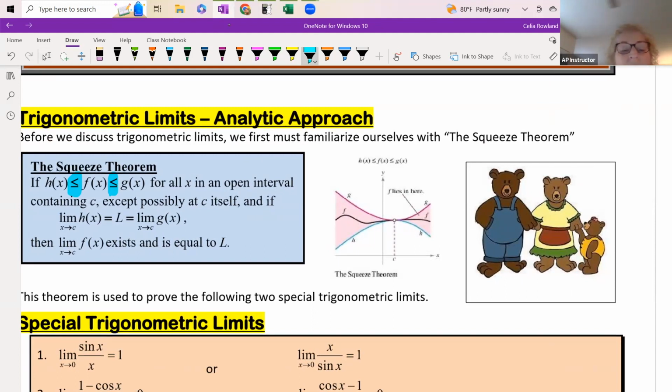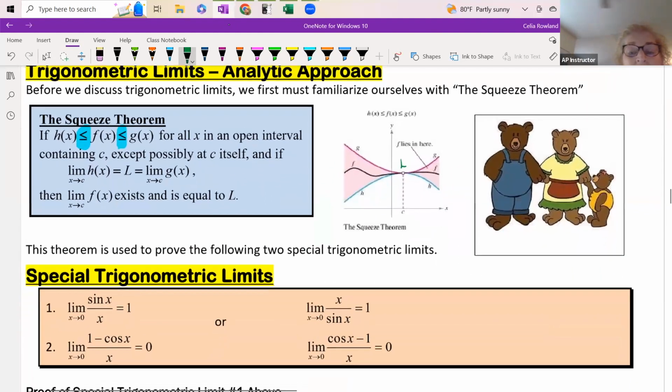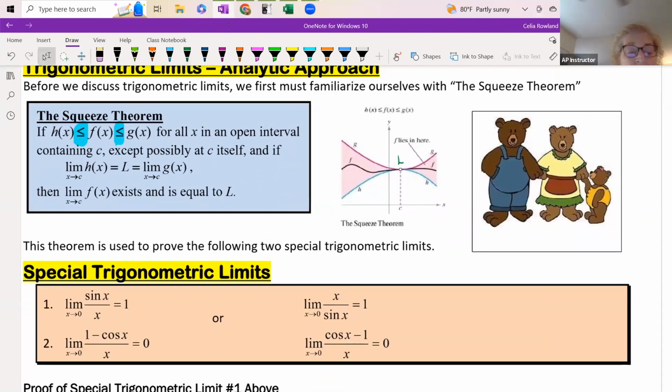So there is going to be a point where h of x is equal to f of x is equal to g of x. So what we have is a function g of x that lies above the function in the middle. We'll call it f, okay? And then we have another function, h of x, that lies below the two functions. And at some point they come in and they're equal to the same value. We're just going to call that value L, okay?